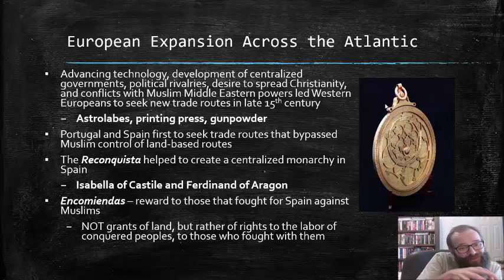Now, this was not actually a grant of land, but rather a grant to the rights to the labor of the conquered peoples in those regions, to those that fought with the Spanish. And this particularly provided a basis for and a model to follow for when the Spanish expanded into the New World.